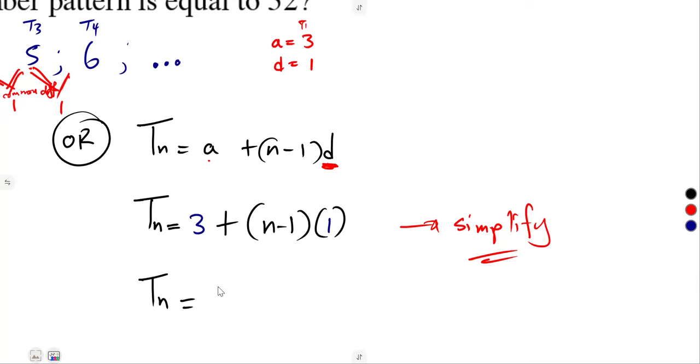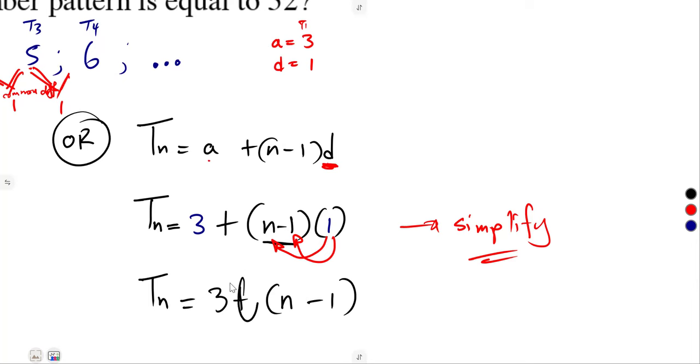So our Tn is equal to just the constant here as it is. So that's 3. All right, we can expand this bracket. As we can see, there is a 1. Expand times n there. So that's plus 1 times n, which is n. We multiply 1 times negative 1, which is negative 1.